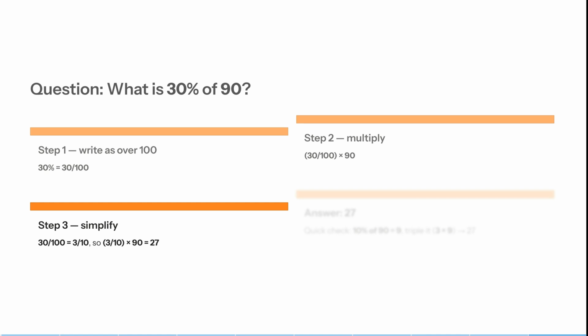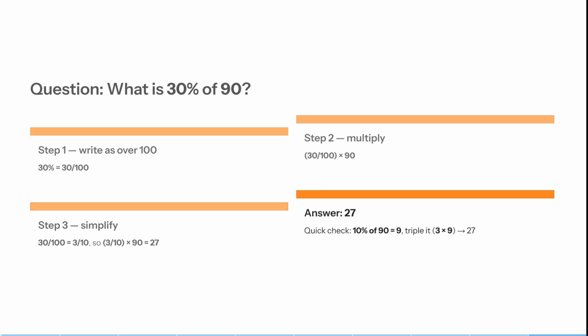That's going to work better, because if we divide the 90 by 100, we get a decimal, less than 1, not so easy to work with. If we turn it into 3 over 10, then we can divide the 90 by 10 and get 9, which is easier to work with, and then multiply by the top of the fraction, which is 3. So we get 9 times 3 overall from that, and that gives us 27.